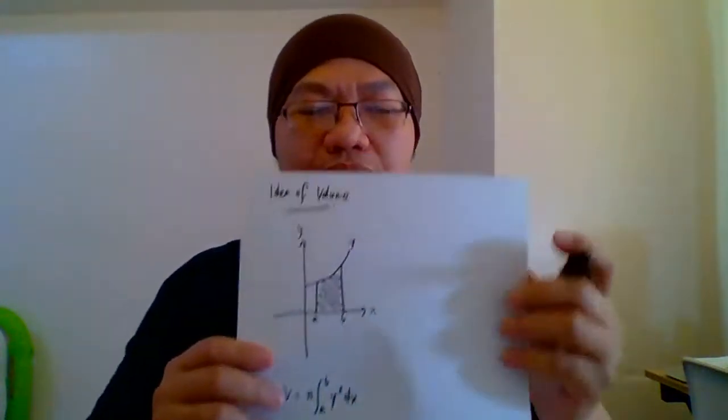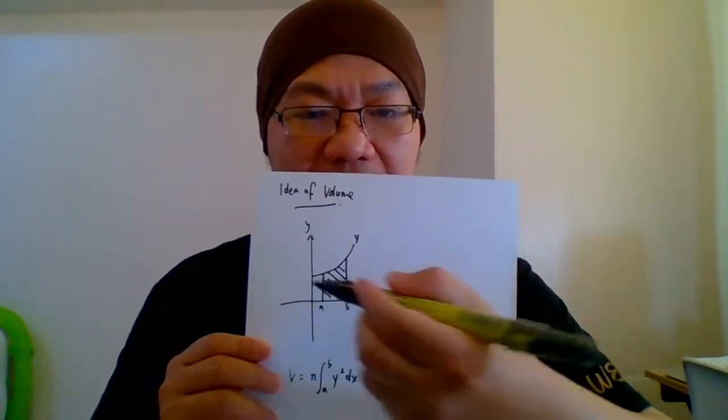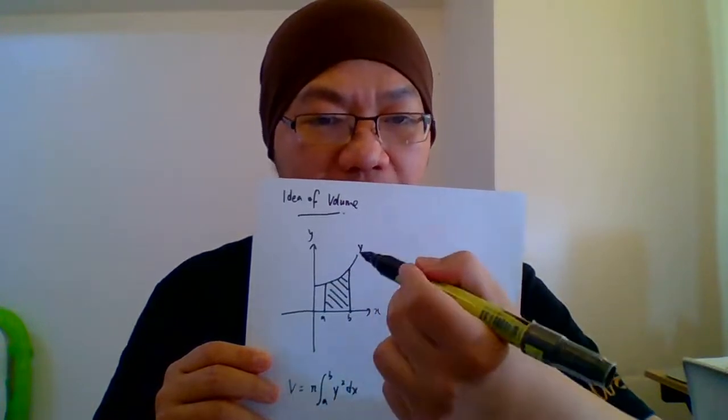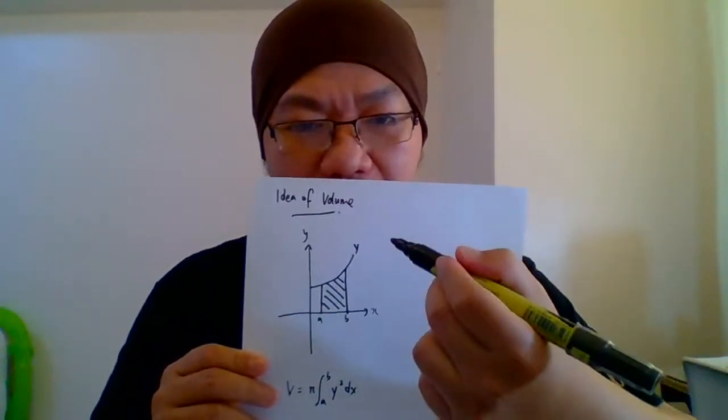So to find the volume, volume equals pi integrate. There is a new symbol, which is pi. This y is your equation of the curve, y equal to something here.